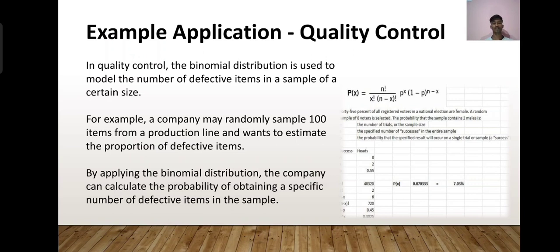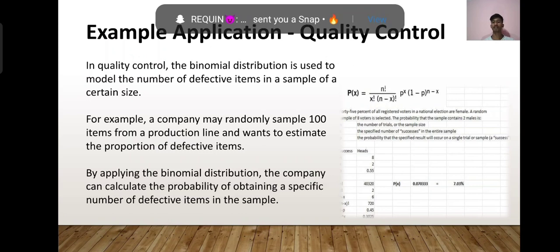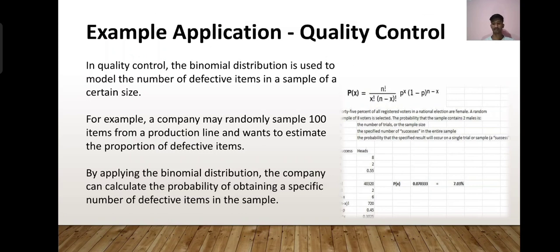By applying the binomial distribution, the company can calculate the probability of obtaining a specific number of defective items in a sample. P of x equals n choose x, p to the power x, 1 minus p power n minus x.